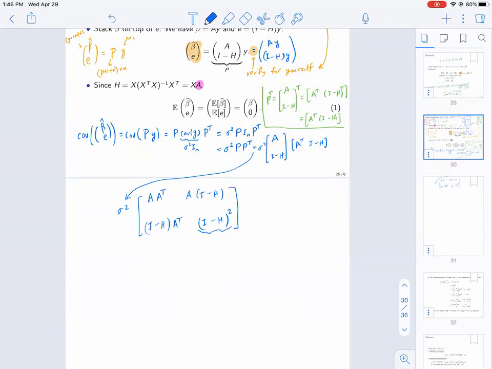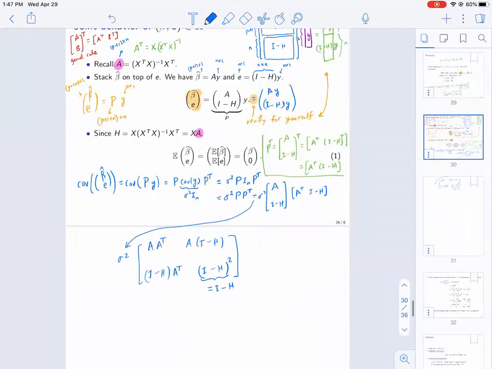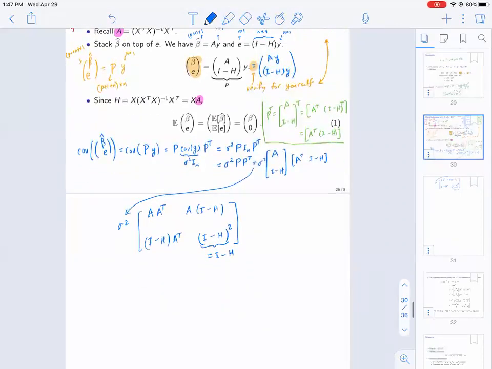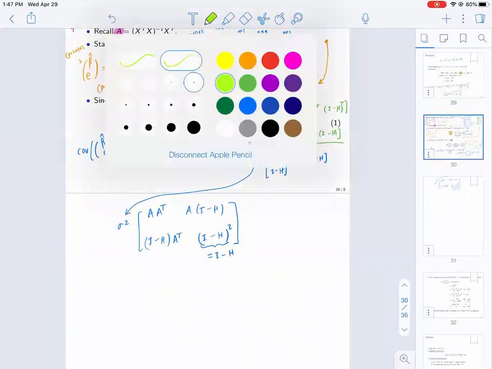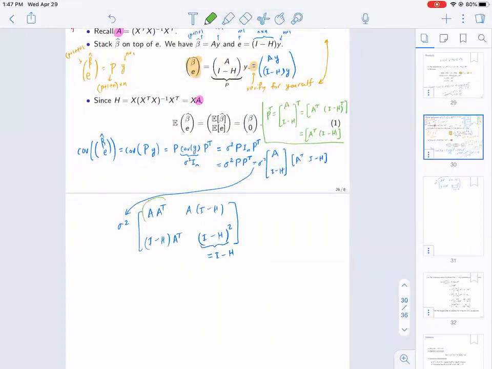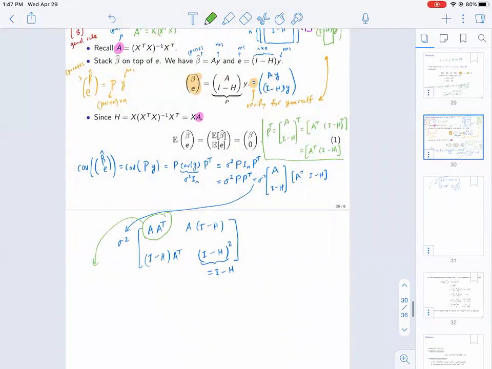So this we have seen is equal to what? It's equal to I minus H, because I minus H is idempotent. A transpose A, you can verify, is X transpose X inverse.